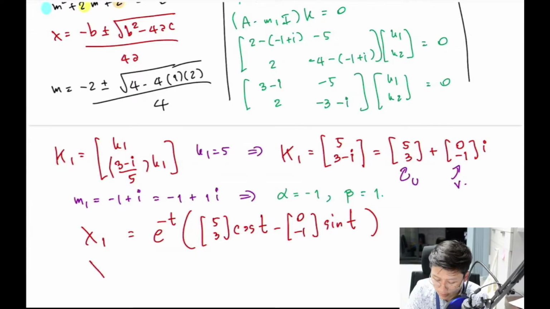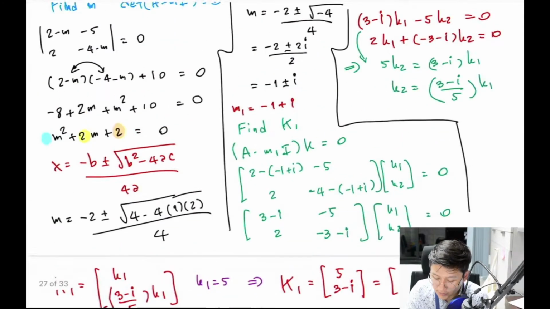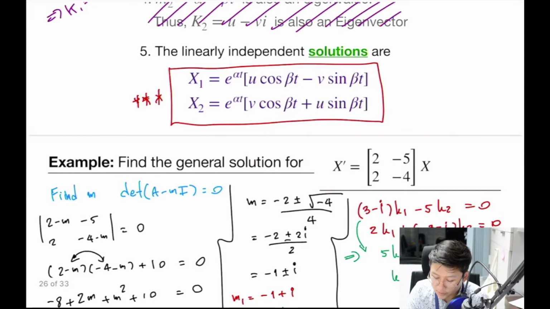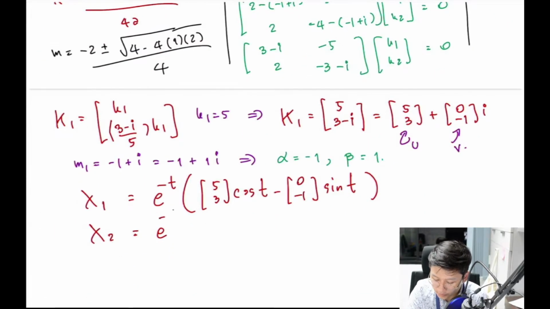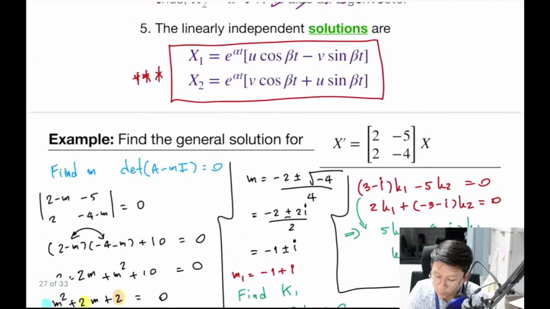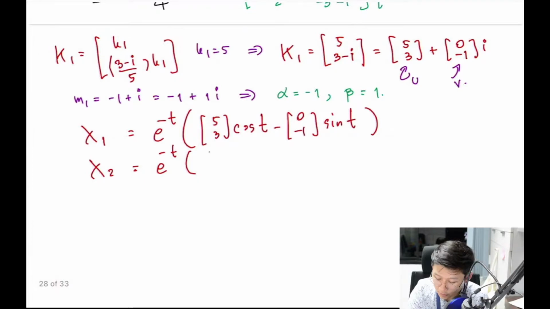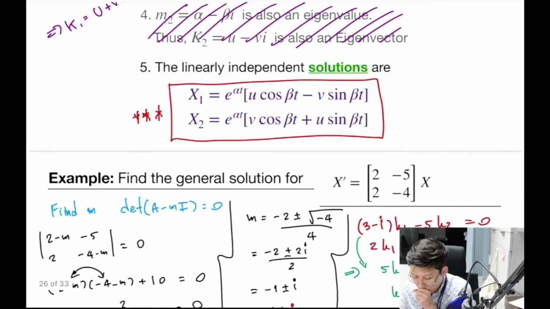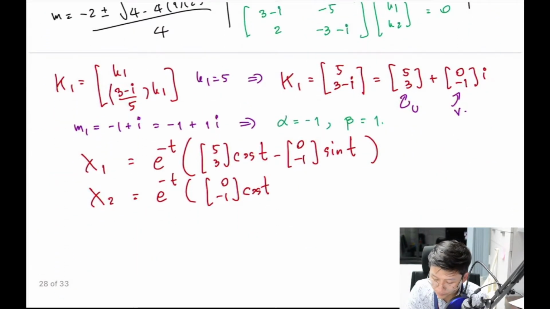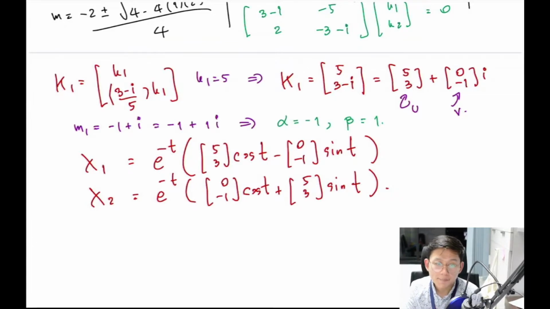And then we have x2, and that is e to the alpha t as well, which is e to the minus t, and then we have v cos beta t plus u sine beta t. So that is going to be (0, minus 1) cos beta t plus u, which is (5, 3), sine beta t. Okay, and that is our two solutions.